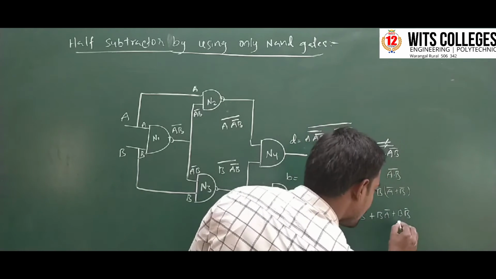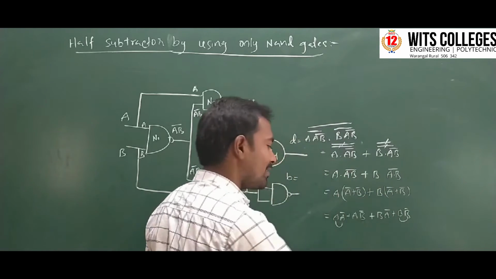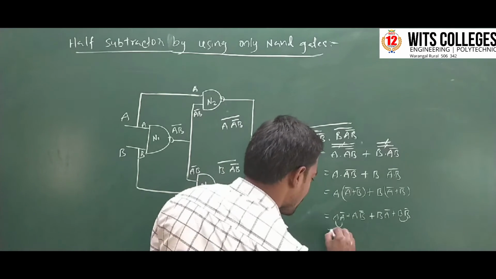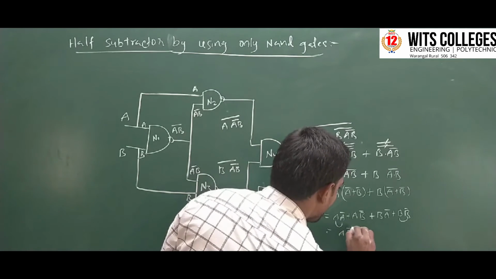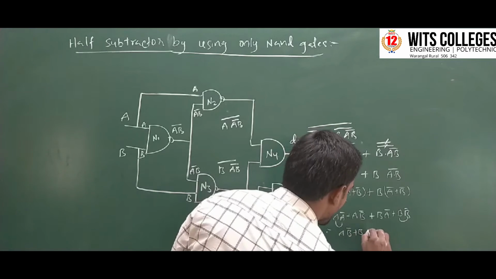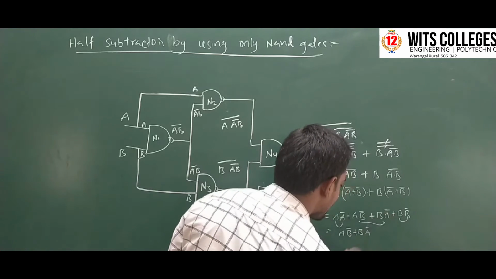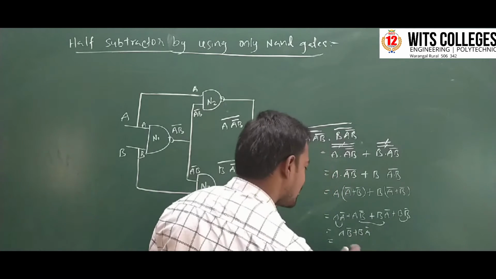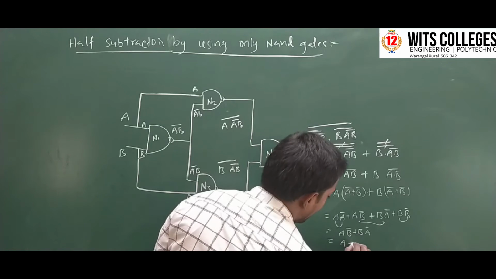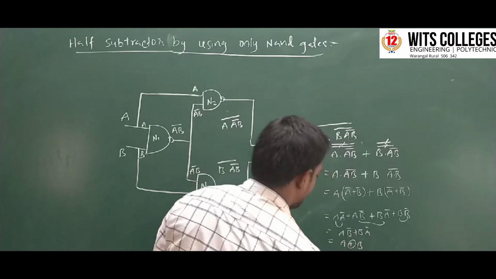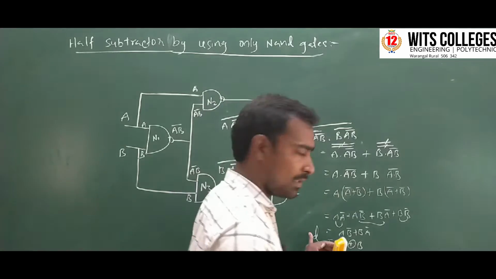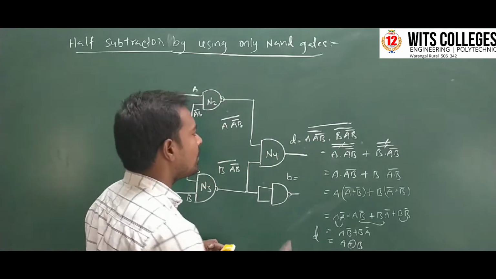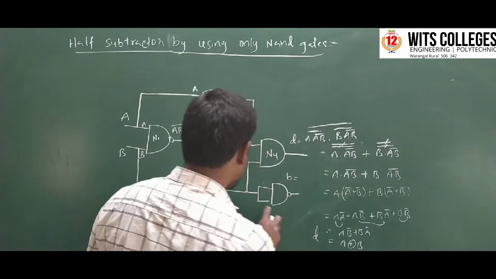So here B into B bar and A into A bar are equal to 0, that is equal to A into B bar plus B into A bar. So these two terms are remaining, and this is the expression of A exclusive OR B, that is D, the difference D here.